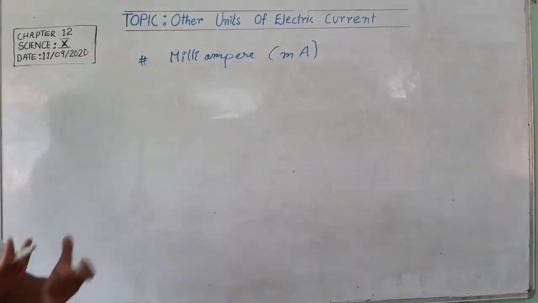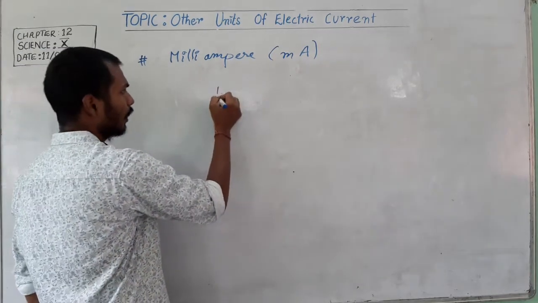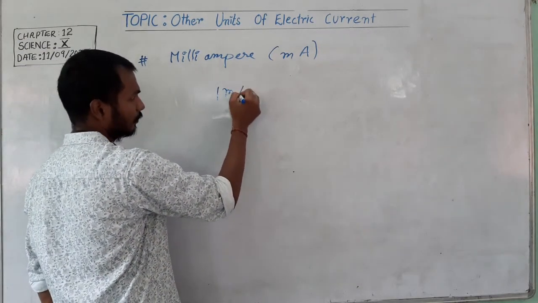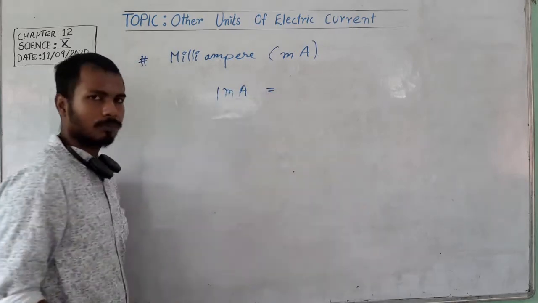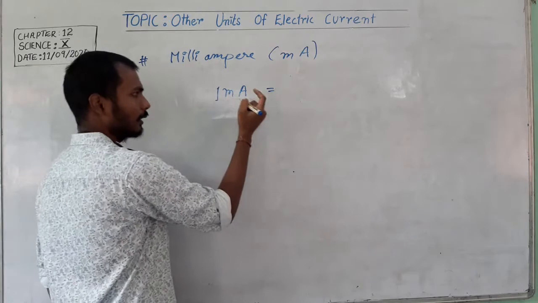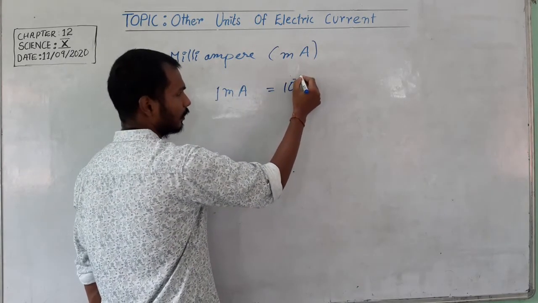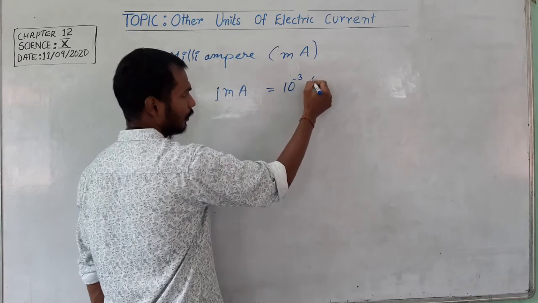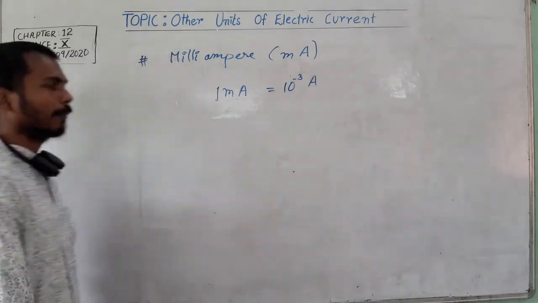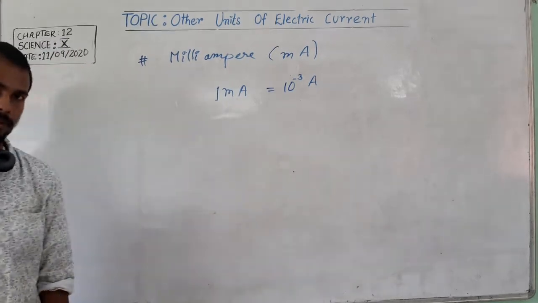Now, what is the relation between milliampere and ampere? 1 milliampere is equal to 10 to the power minus 3 ampere. Okay, so this is the relation between 1 milliampere and ampere.